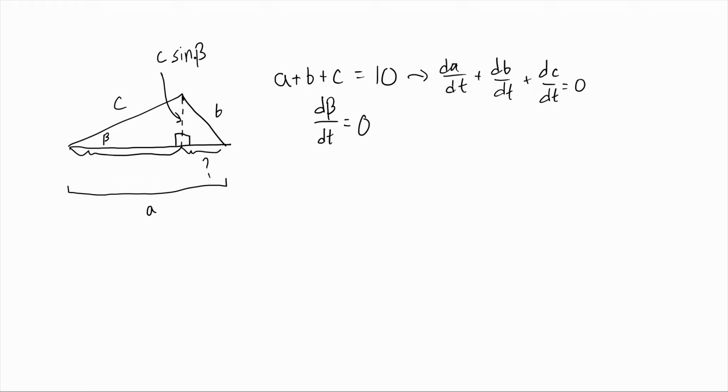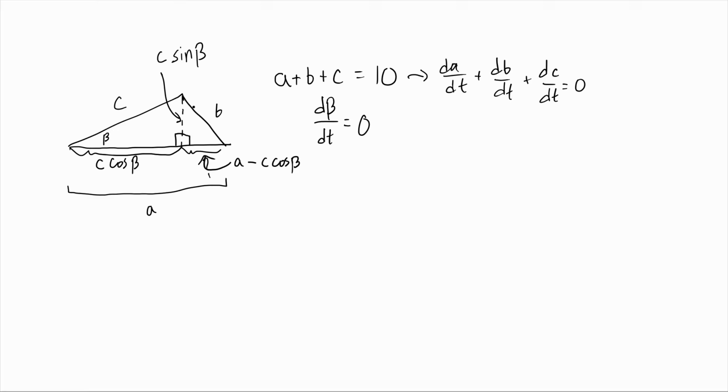Just like this side, this is c sine beta. This right here is c cosine beta. So what would this be? Wouldn't it just be a minus c times cosine beta? So we could right here just say, okay, a minus c cosine beta.